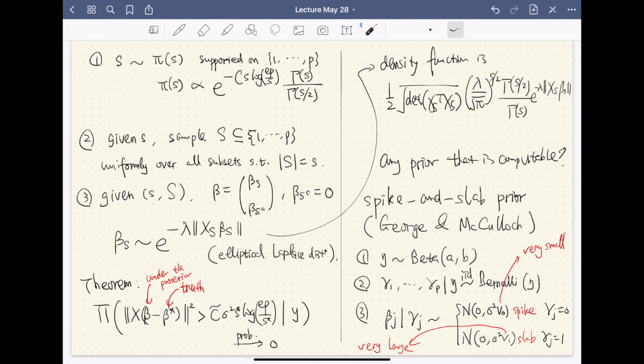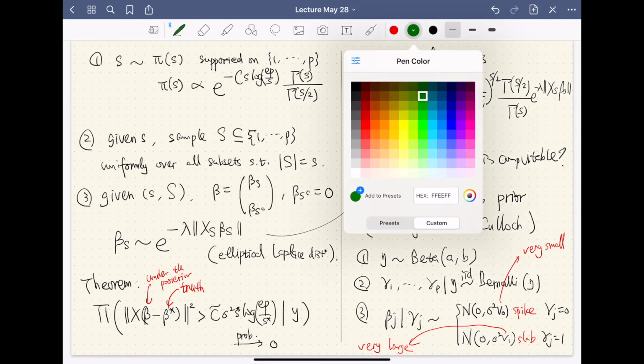The reason you can sample from the posterior computationally and efficiently if you use this prior is that in the end, you have a Gaussian distribution, which is conjugate to the Gaussian likelihood, and the beta distribution is conjugate with respect to the Bernoulli. So everything is conjugate, and you can use a Gibbs sampling algorithm to solve the computational problem.